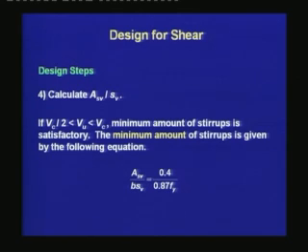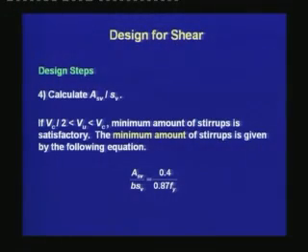The fourth step is to calculate Asv by Sv, where Asv is the area of the stirrups and Sv is the spacing. If Vu is less than Vc but greater than Vc by 2, thus the demand is less than the capacity of the concrete, but it is greater than half the capacity of concrete, then minimum amount of stirrups needs to be provided.